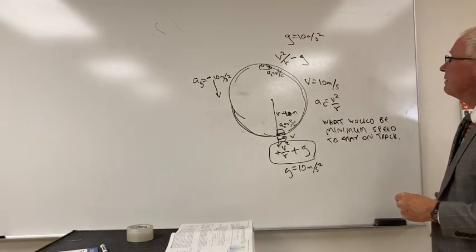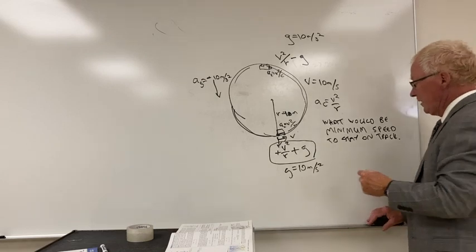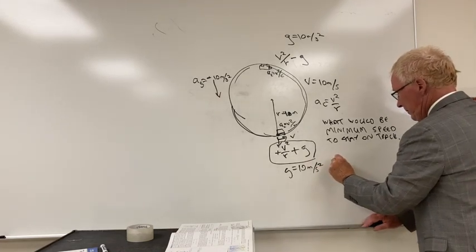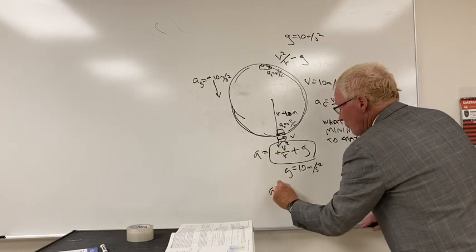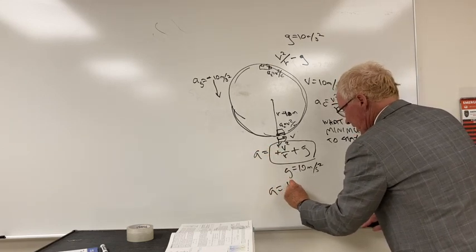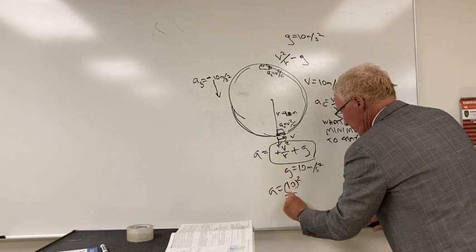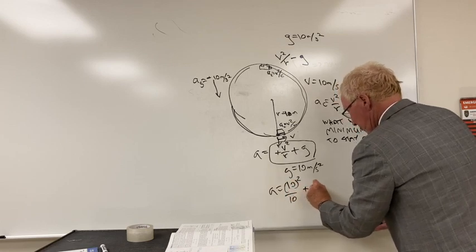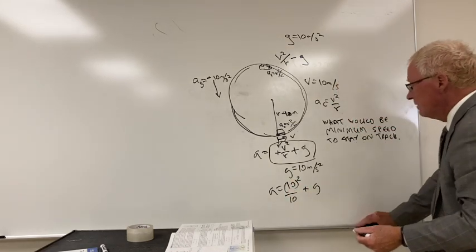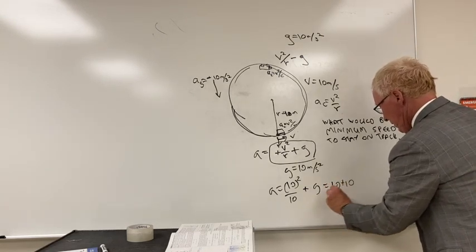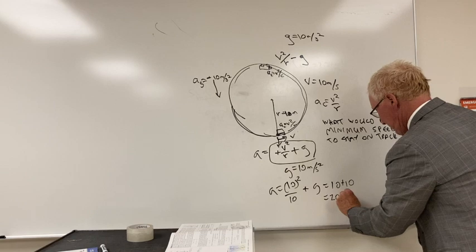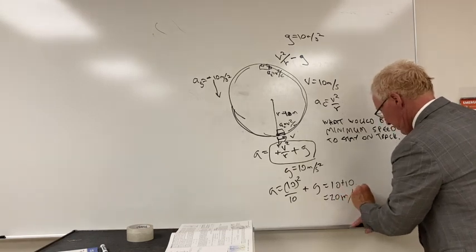Then at the bottom, your total acceleration will be v squared over r, which is 10 squared over 10, plus g, which is 10 plus 10, or 20 meters per second squared.